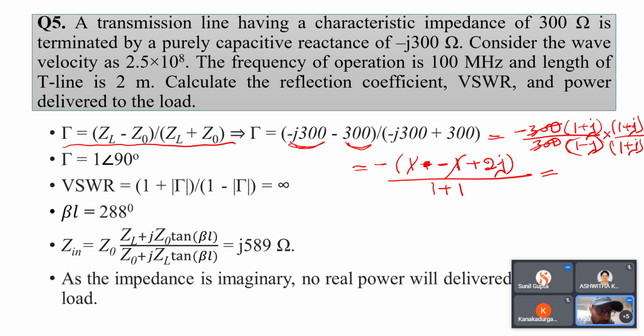So this 2 will cancel, and this becomes minus j. Anyway, this minus sign, I think ZL minus Z naught over ZL plus Z naught, yeah, I think I have written this wrong.